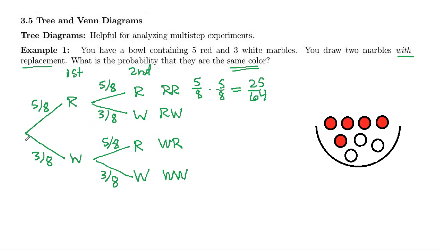And then we do the same here. 5/8 times 3/8, which will be 15 out of 64. And then 3/8 times 5/8, another 15 out of 64.